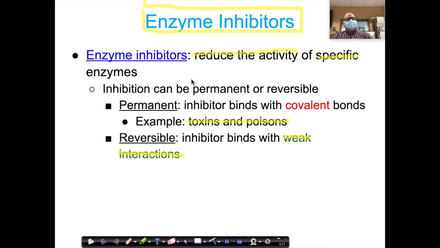So when I use this lock and key idea, the keyhole or the lock is the enzyme and the key is the substrate. So inhibitors could be permanent, putting super glue in the locks, or they could be reversible, putting tape over the locks. You don't want to do either one of those around here because they'll both get you in some trouble.